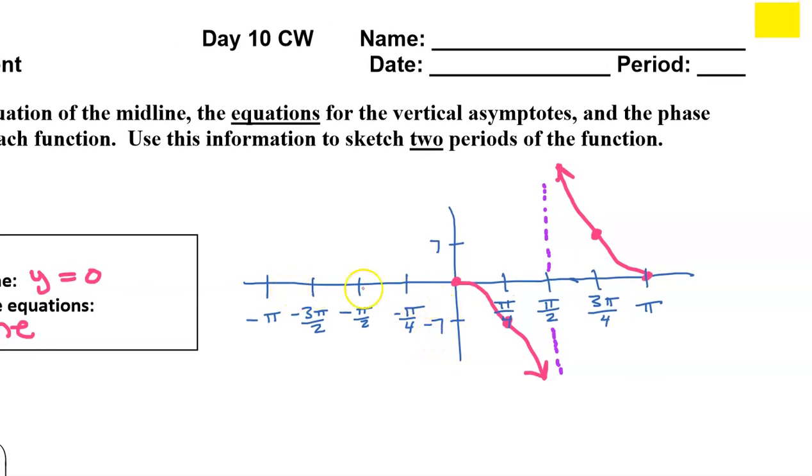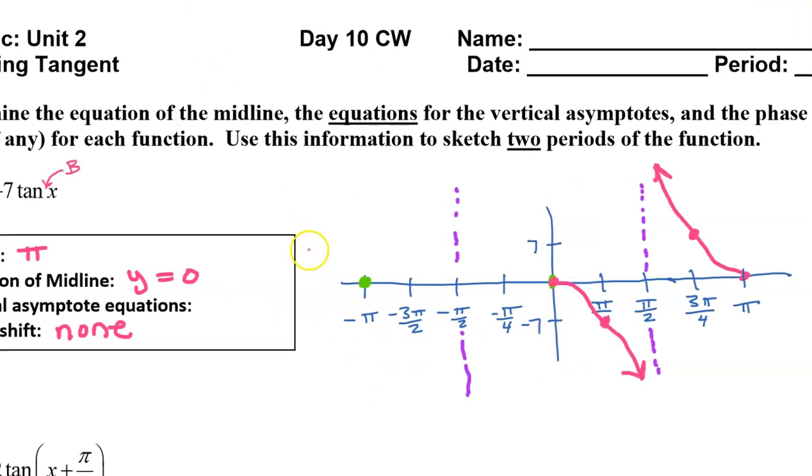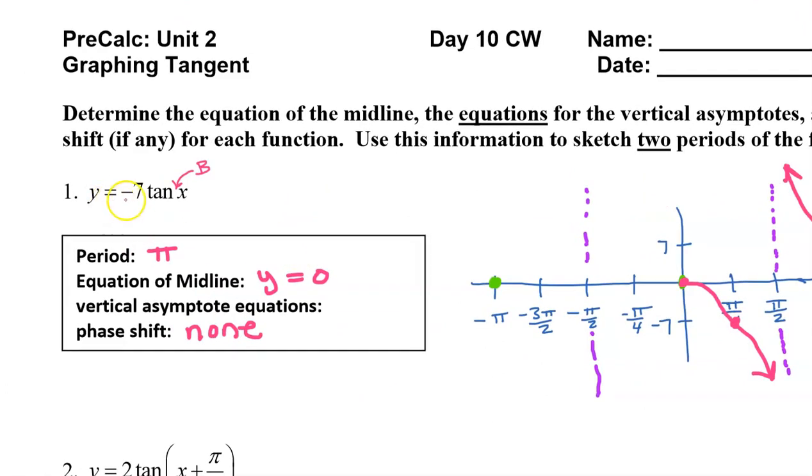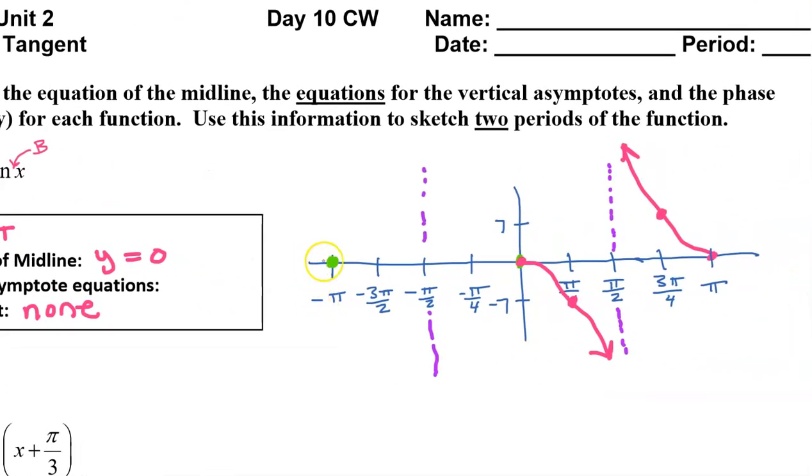Let's repeat that same effect on the left-hand side. I think I'll change colors just so you can clearly see the 2 separate periods. The tangent function begins and ends on the midline with an asymptote right at the middle. All right, normally the tangent function is increasing, but because it is upside down, it will be decreasing.